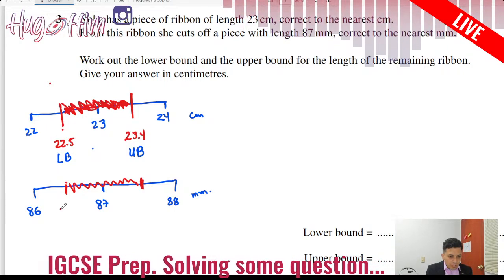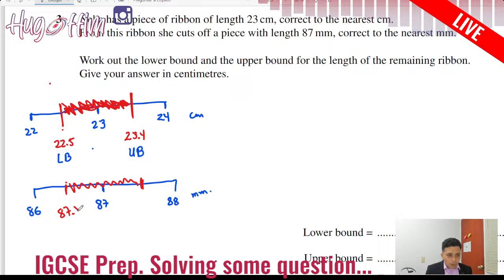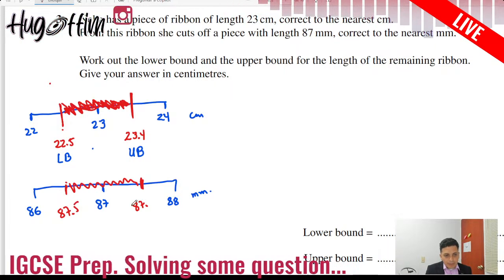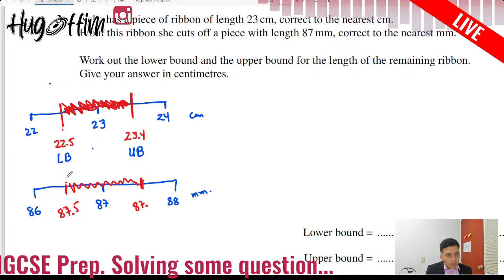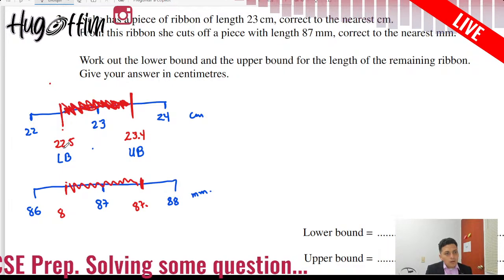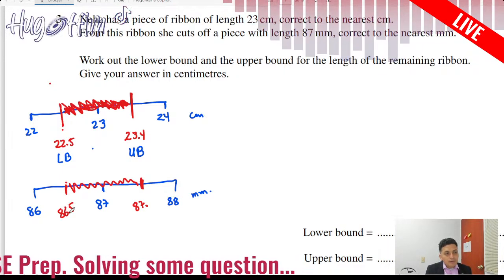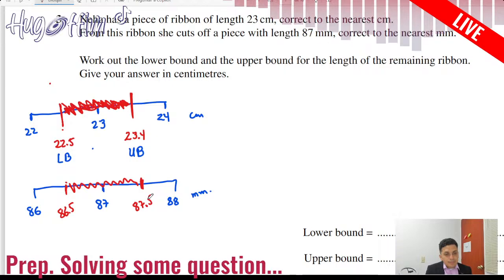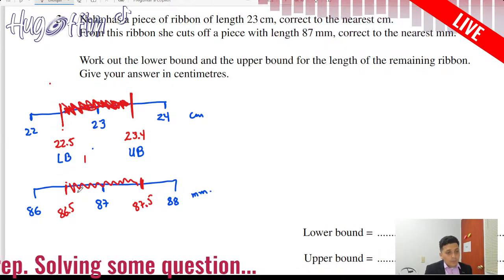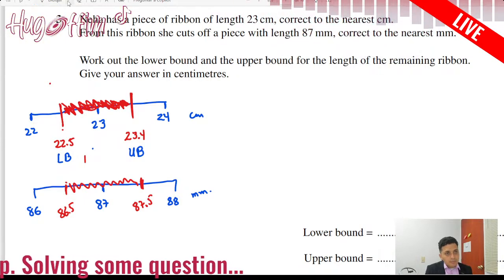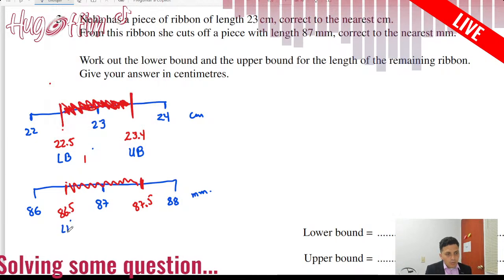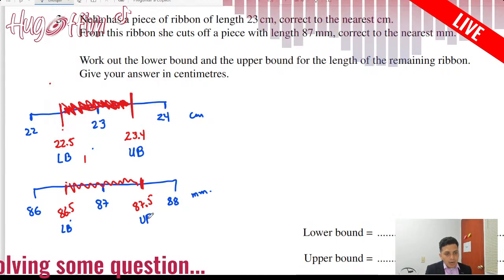So this is going to be 86.5, and here 87.5. Okay, so this will be the lower bound, and this is going to be the upper bound.